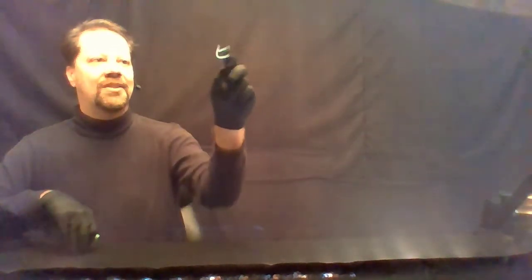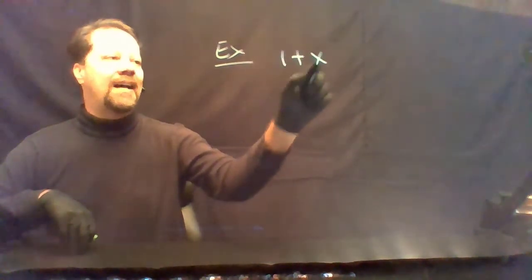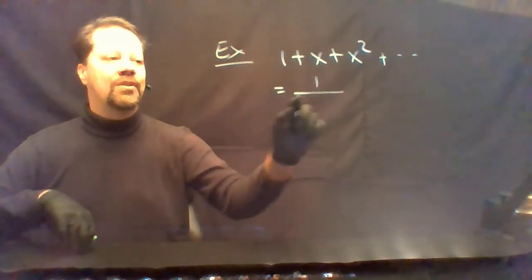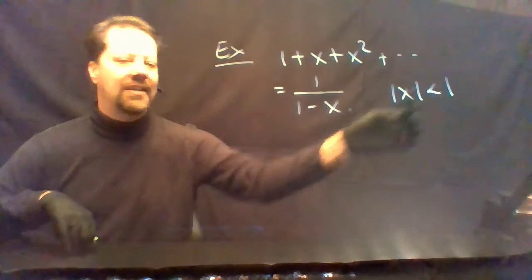Earlier in this lecture, we showed how 1 plus x plus x squared and so on converged to 1 over 1 minus x, provided the absolute value of x is less than 1.